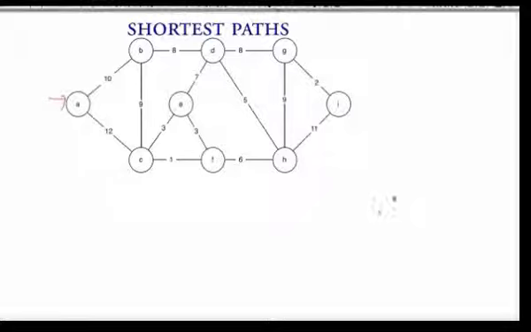In case you were just looking for the shortest path to some particular node, and you didn't care about the paths to the other nodes in this graph, you would still use this same algorithm and just terminate when you came to node G.